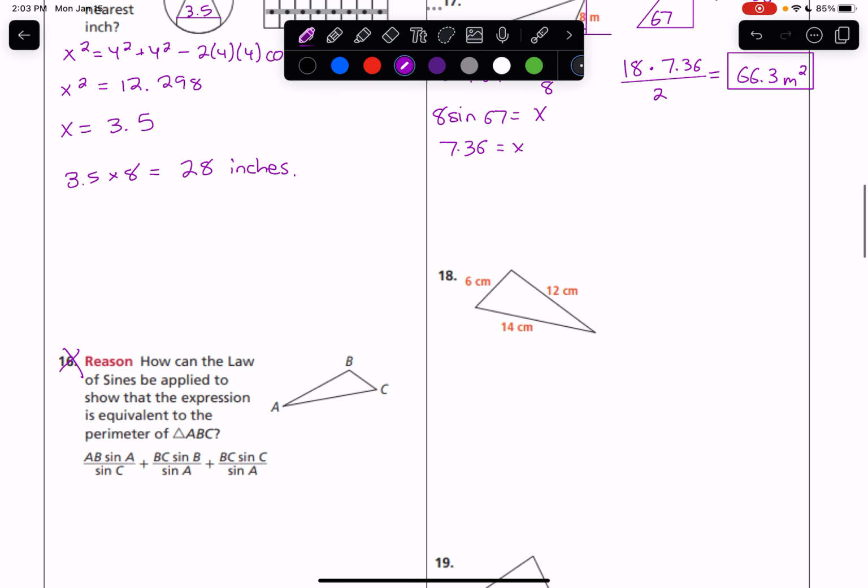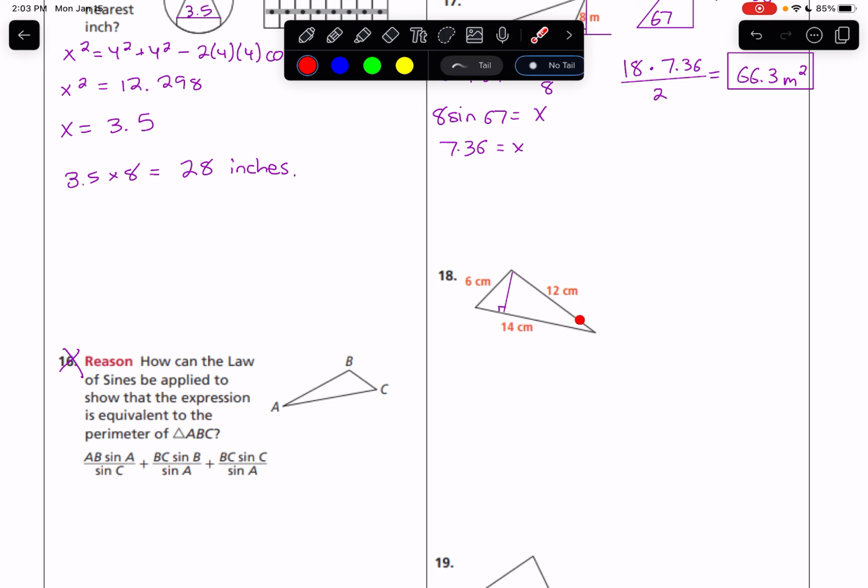Number 18, in this case, I only have 3 sides, so I am going to need to use the law of cosines to find one of the angles. And since this is an obtuse triangle, it's easiest for me to just draw a height into the triangle about right there, which means I'm going to find either the angle in this corner or the angle in this corner.